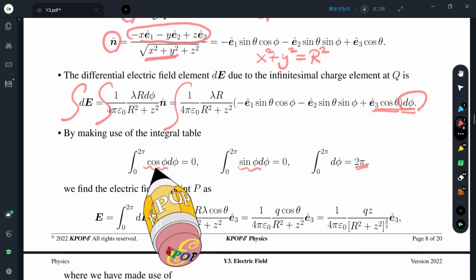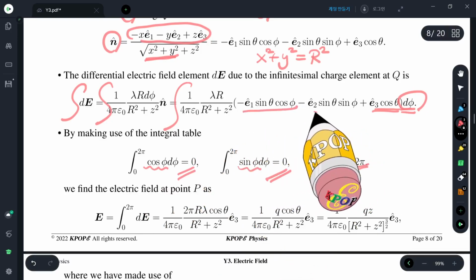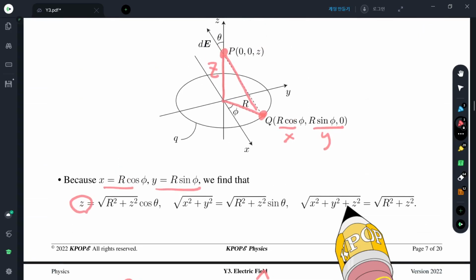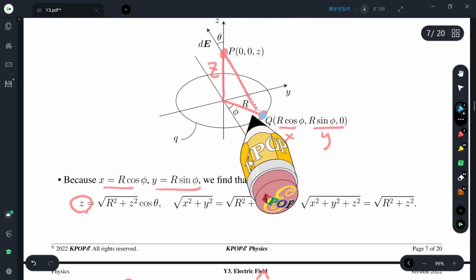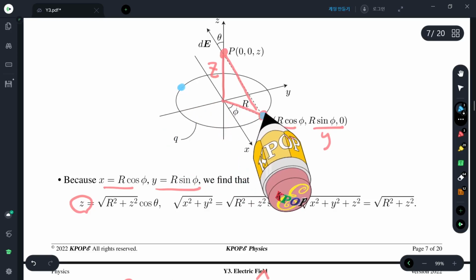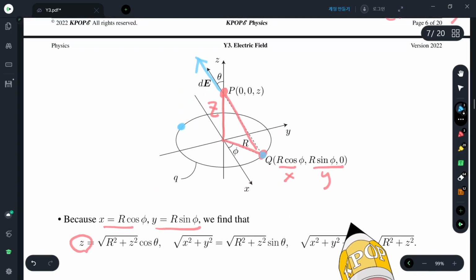The reason for vanishing contribution along the x and y axis is actually very simple. We can choose the same symmetric point on the opposite side. In that case, this contribution of the electric field is in this direction.